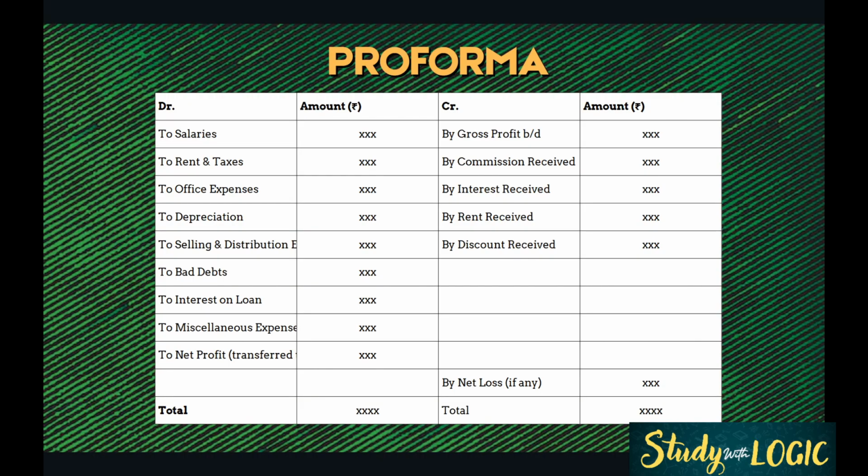On the credit side, you will have gross profit, then interest earned, then commission received, rent earned, or profit on sale of fixed assets. If you're selling any of your fixed assets, your machinery, that profit, then income from your investments, then sale of scrap.